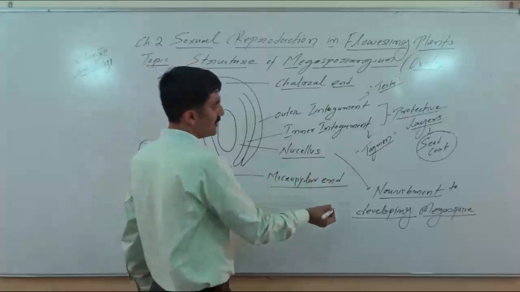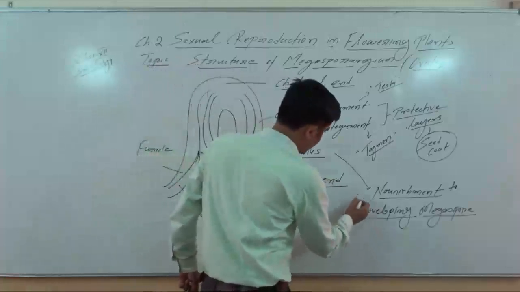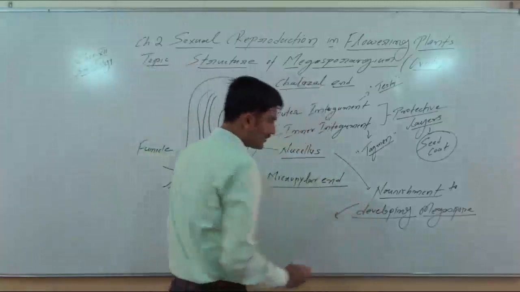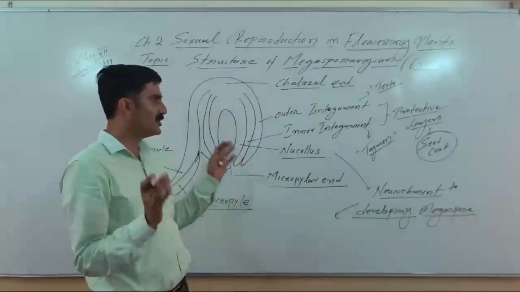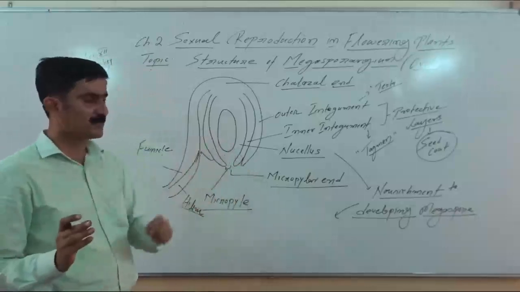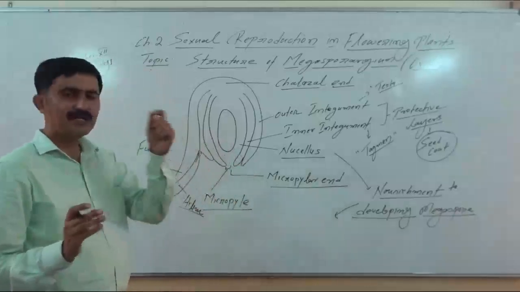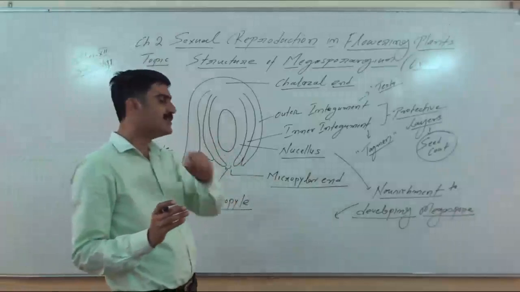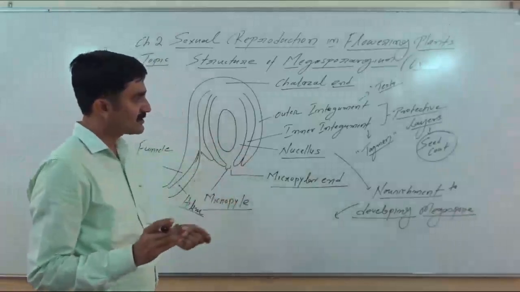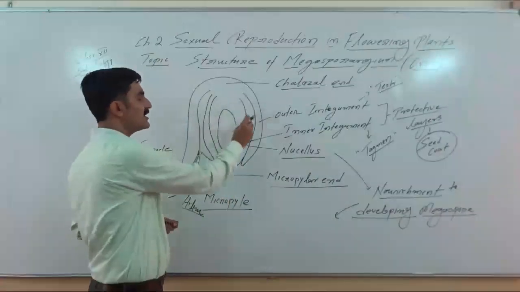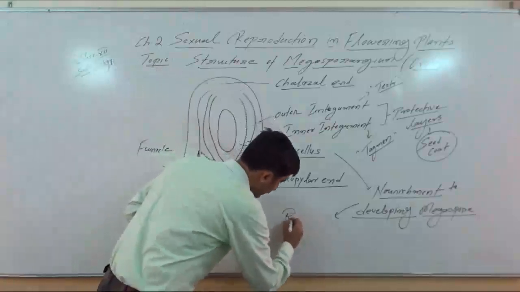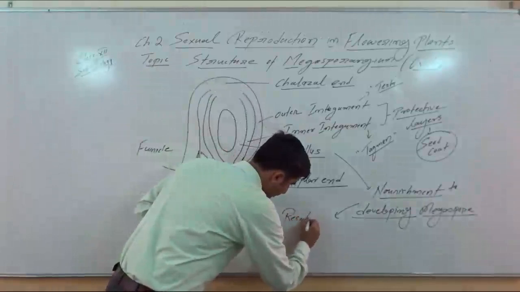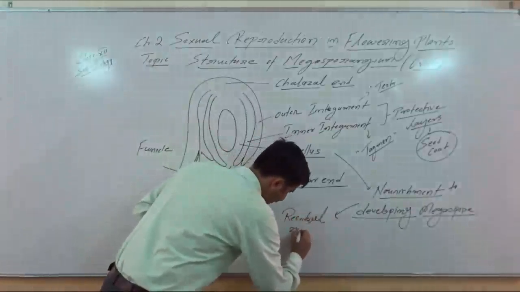Sometimes we have to notice that this nucellus is not completely consumed during development of the megaspore, and there is a presence of residue of the nucellus. Residue of nucellus remains in the form of a thin layer, and that is called residual nucellus.